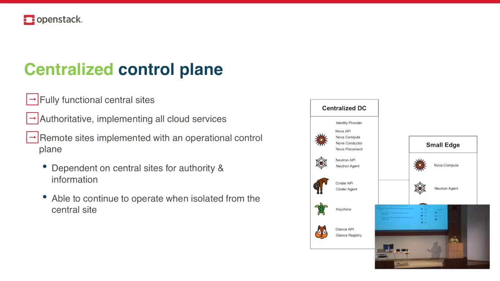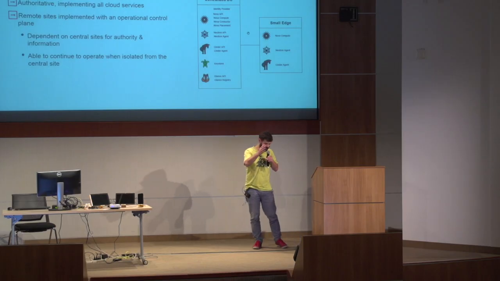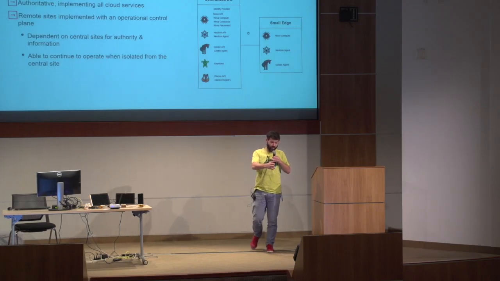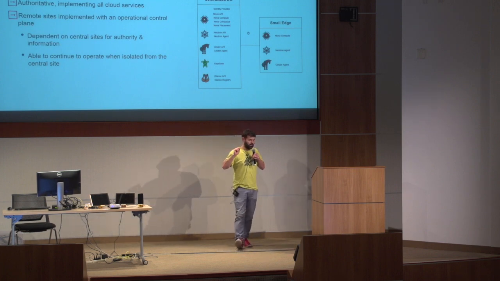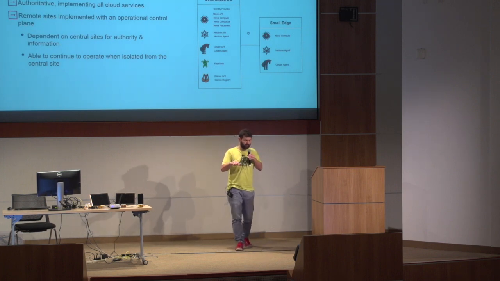But the satellite sites are dependent on the centralized sites. So if there is a network breakage between the small edge and the centralized DC, you will not be able to do any lifecycle management operation on the workloads running on the small edge.